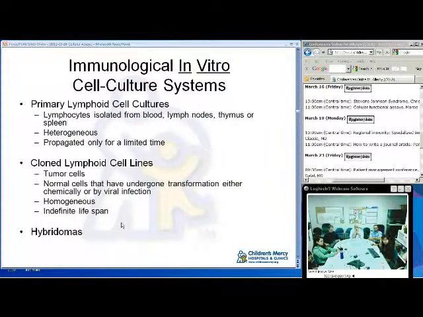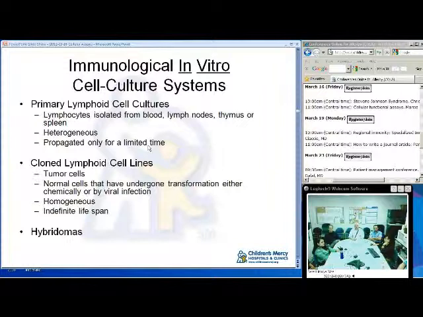Let's turn our attention now to the immunological in vitro cell culture systems. We can have primary lymphoid cell cultures, where we isolate lymphocytes from blood, lymph nodes, thymus, or spleen. This would be a heterogeneous population of cells, and their propagation is really only for a limited time.